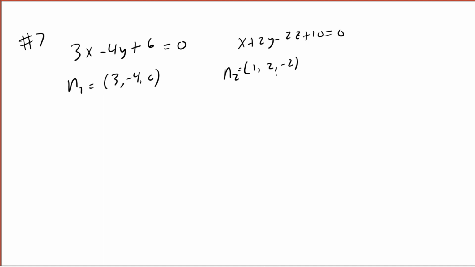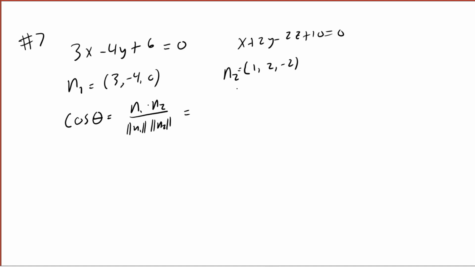Okay, so we just need to find the cosine of the angle. We don't need to find the actual angle, but we know that the cosine between two planes is the same as the cosine between the two normal vectors. So that's going to be n1 dot n2 over norm n1 norm n2.